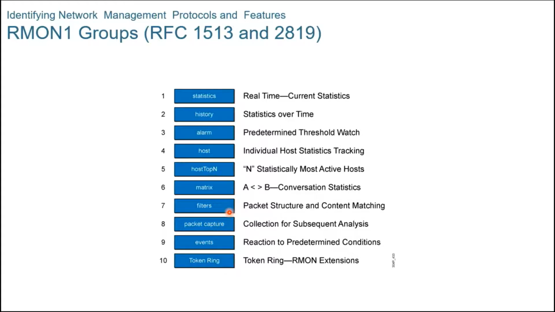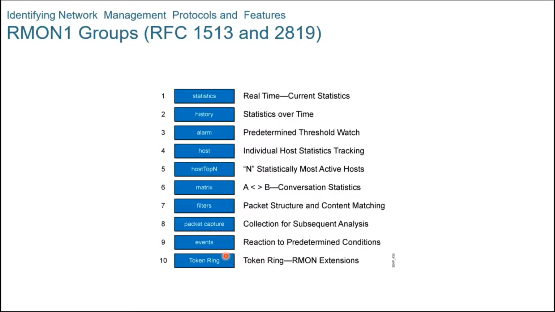Filters contains rules for data packet filters. Data packets matched by these rules generate events or are stored locally in the packet capture group. Packet capture contains data packets that match rules set in the filters group. And events controls the generation and notification of events from this device.